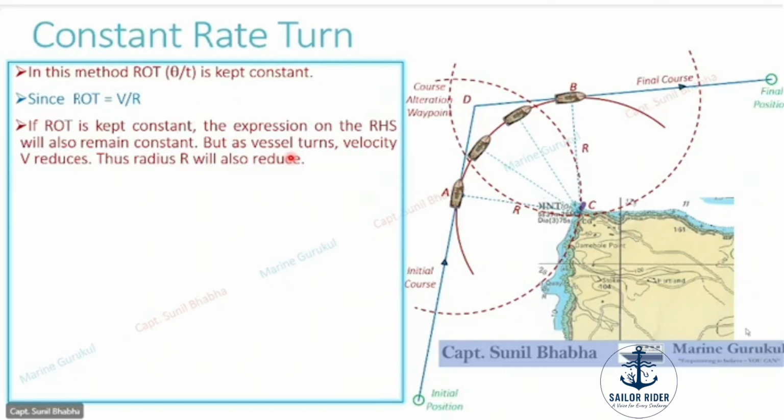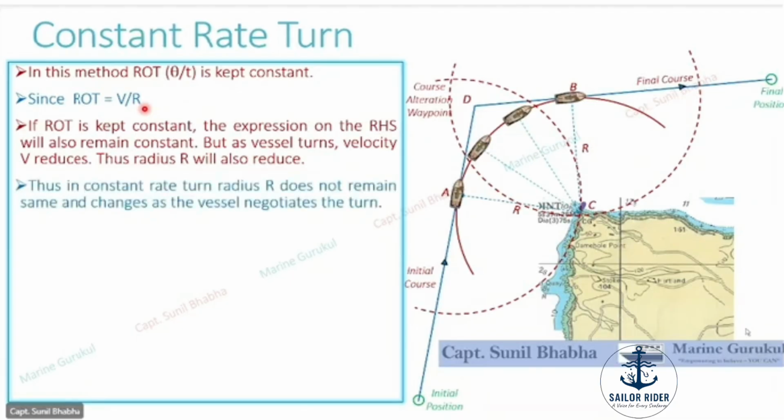Now, since we are keeping the rate of turn constant, if there is a drop in speed, the denominator radius is also going to decrease. So this is the reason that this turn is no more a constant radius turn and is known as a constant rate turn.